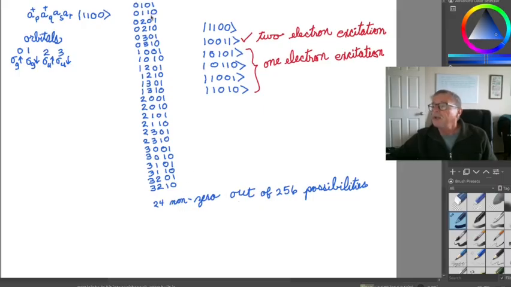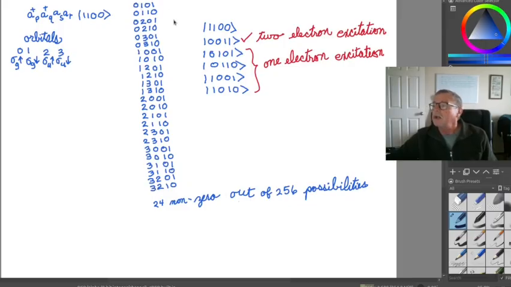Now, the only 2 electrons that we can get rid of are in positions 0 and 1. So you'll notice all of these different rows have a 0 and 1 that's involved there. And as far as adding electrons, we can add electrons pretty much anywhere we want to, as long as we don't try and add the same electron in the same orbital. So those have been eliminated.